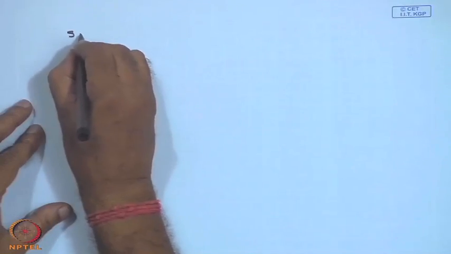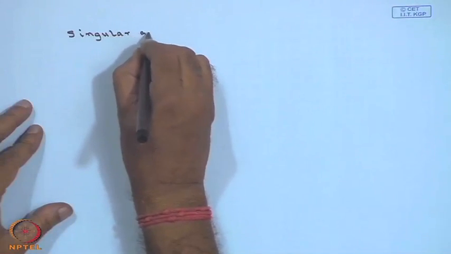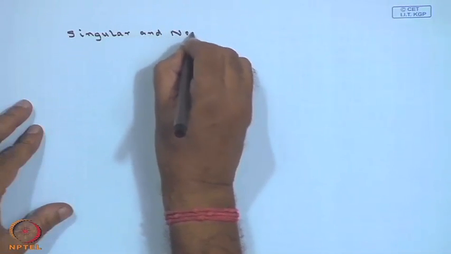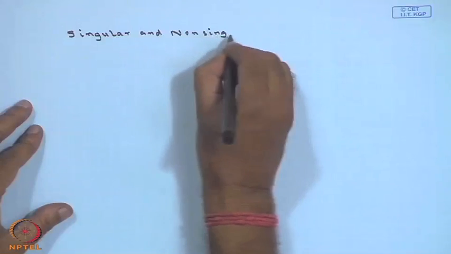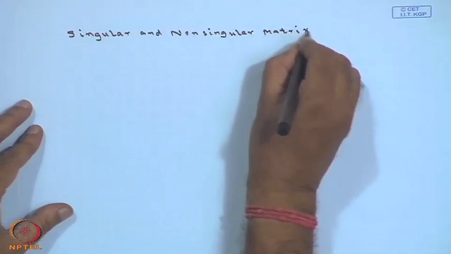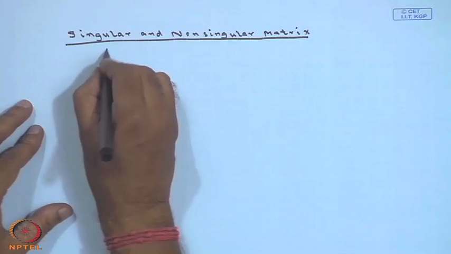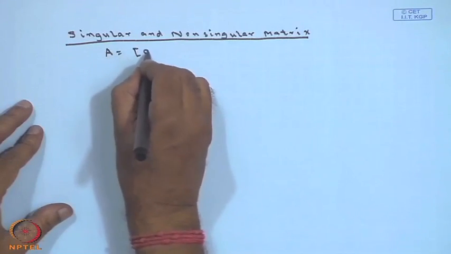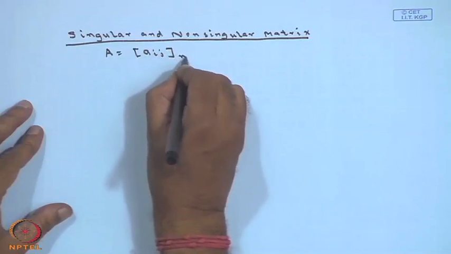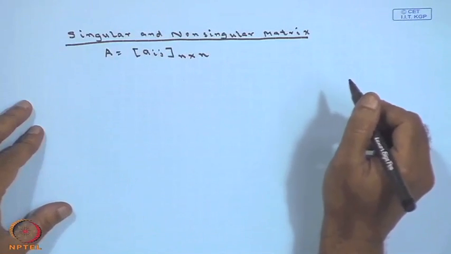Next one is singular and non-singular matrix. You have a matrix A, which again I am writing as an n cross n square matrix of order n.